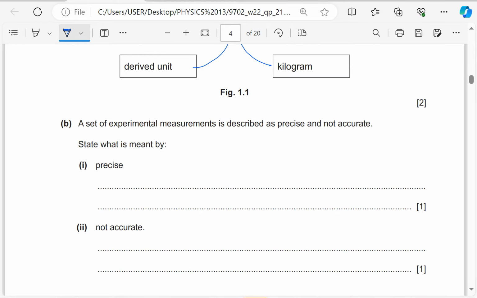A set of experimental measurements is described as precise and not accurate. State what is meant by precise. Measurements are precise if they are very close to each other, giving a very small range between themselves. So the measurements have a small range.